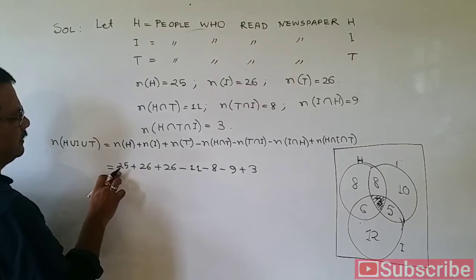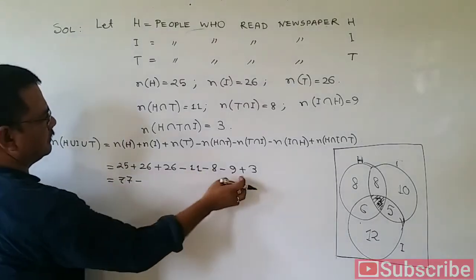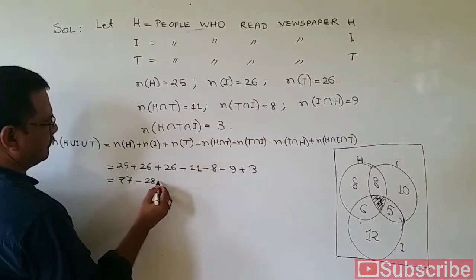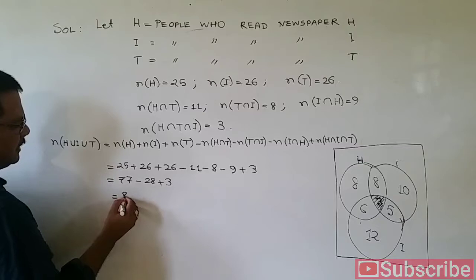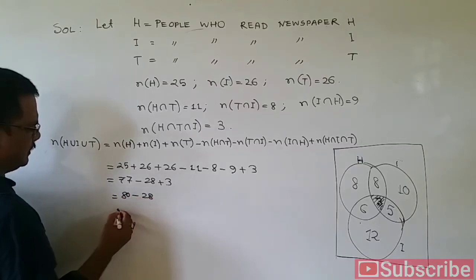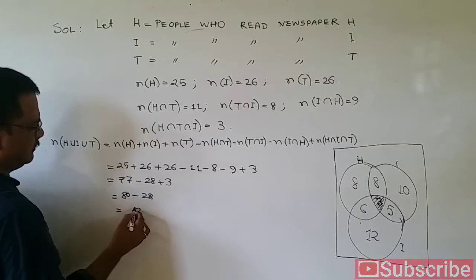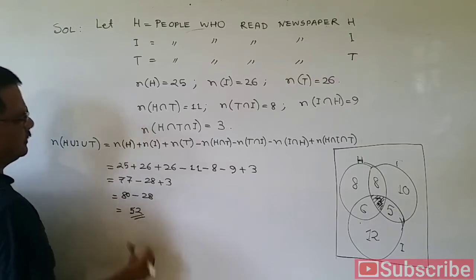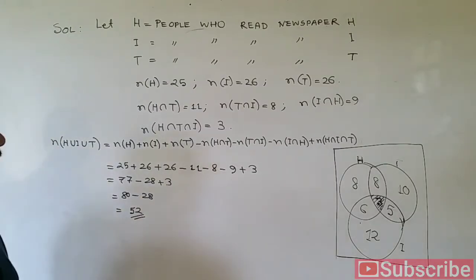Just simplify it: 77 minus 28 plus 3, 77 plus 3 is 80, minus 28, this will be 52. 52 is the number of people who read at least one newspaper.